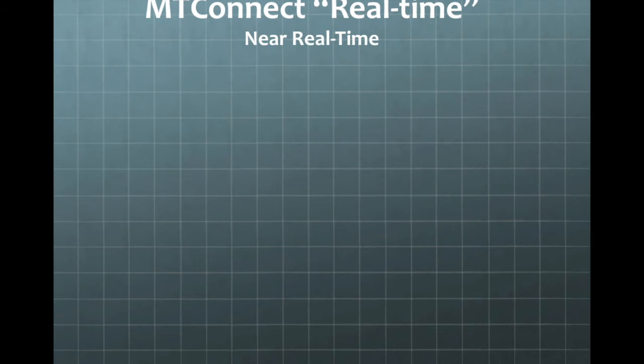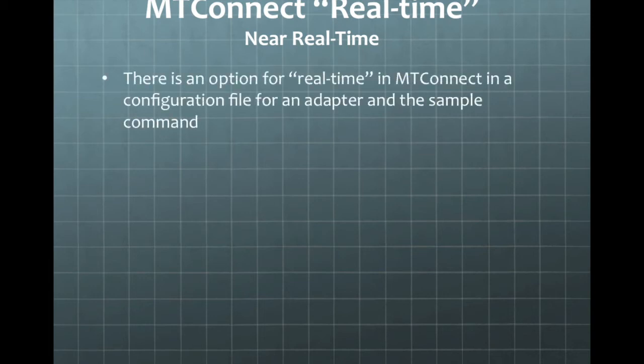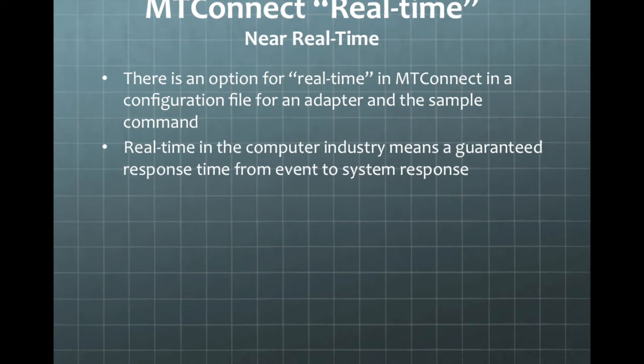So here we're talking about real-time, and what does real-time mean? Well, real-time is in the eye of the beholder, and I put quotes around real-time because it does mean different things to different systems. In the computer industry, real-time means a guaranteed response time from an event to a system response, and what the computer industry really cares about is guaranteed or predictable latency.